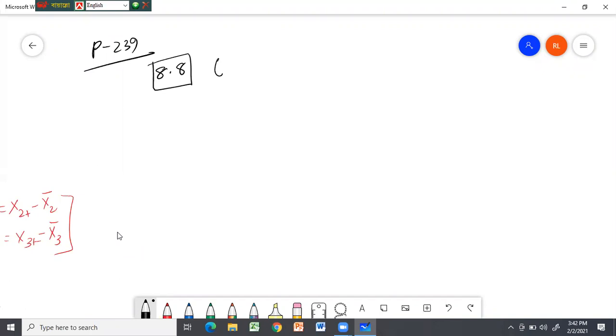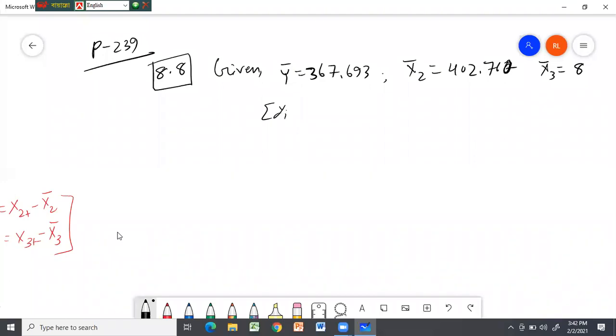So you are given some information. You are given y bar equal to 367.693. You are also given x2 bar equal to 760, and x3 bar equal to 8. You are also given the sum of small y square, which is 66,042.269.